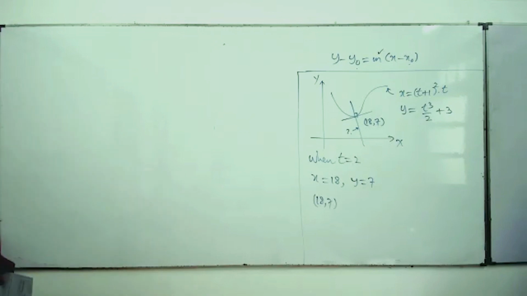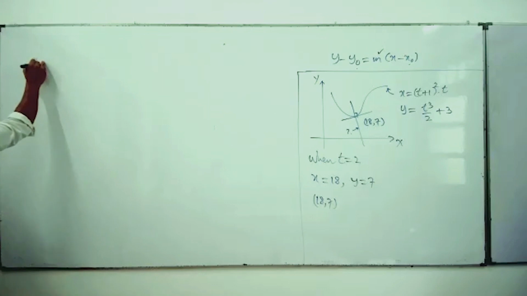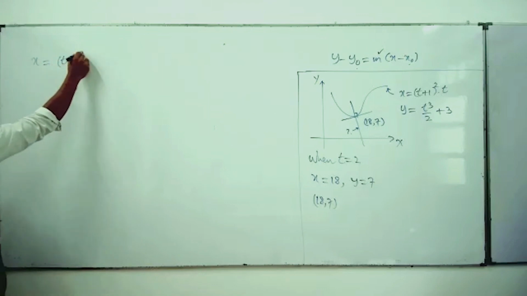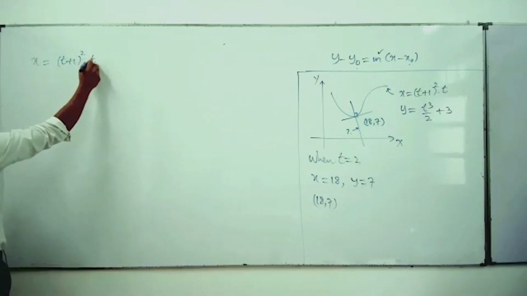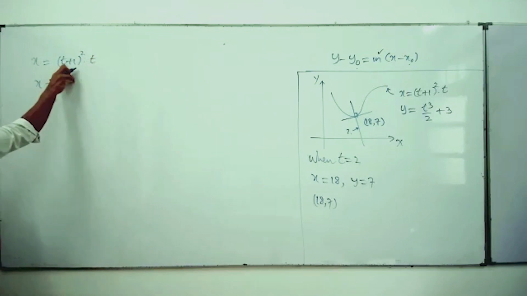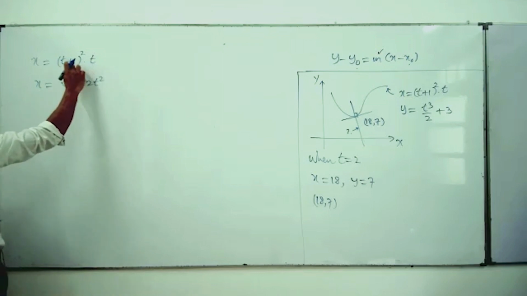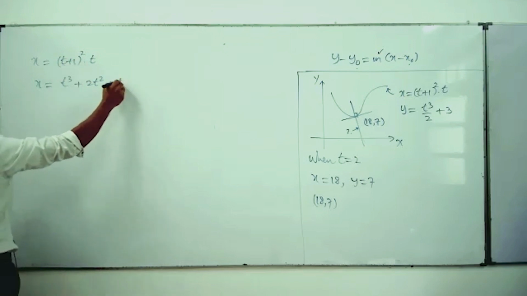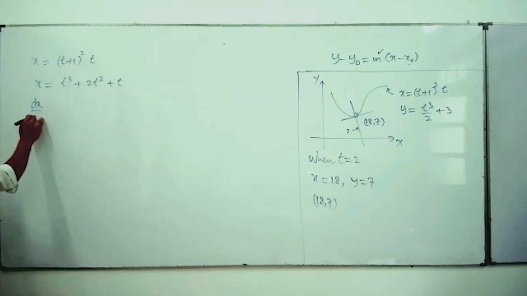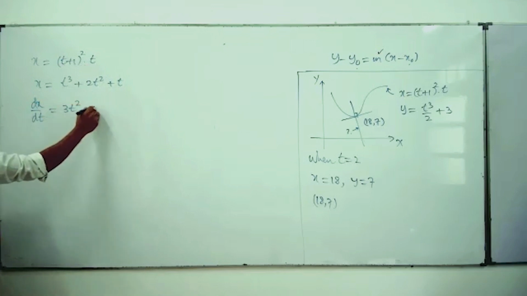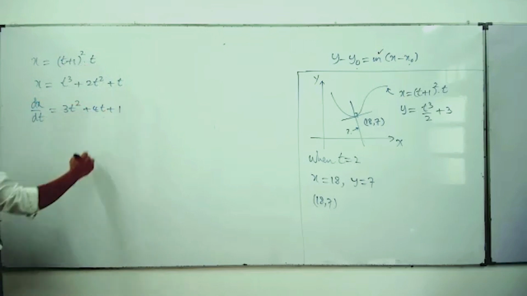Now, x is (t plus 1) squared into t. We'll expand this: t cubed, here 2t squared, here t. Then dx over dt is 3t squared plus 4t plus 1.